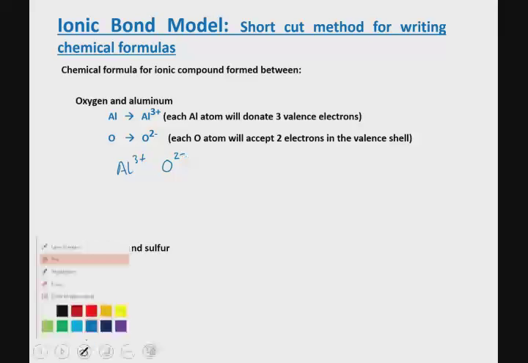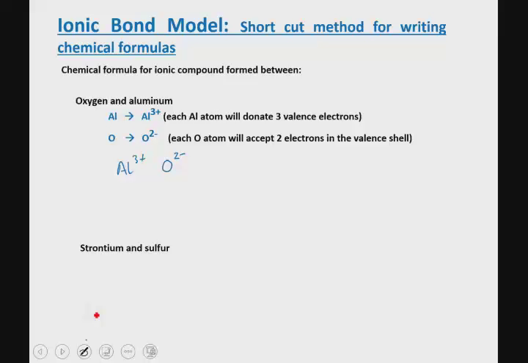This shortcut will work all the time, every time. If you are not able to figure out the ratio on your own, you can adopt this shortcut by taking the magnitude of the plus charge and using that as the subscript for the anion, and taking the magnitude of the negative charge and using that as a subscript for the cation.